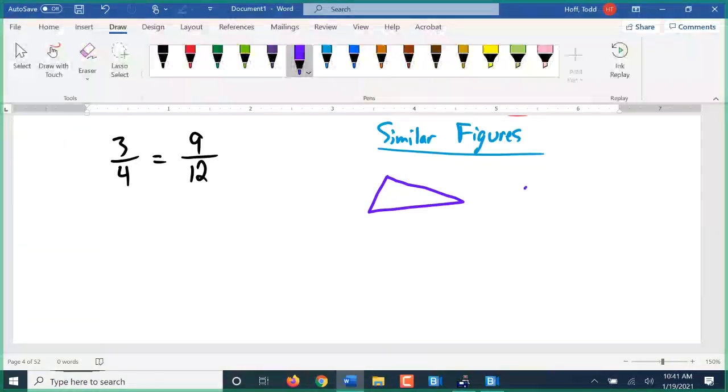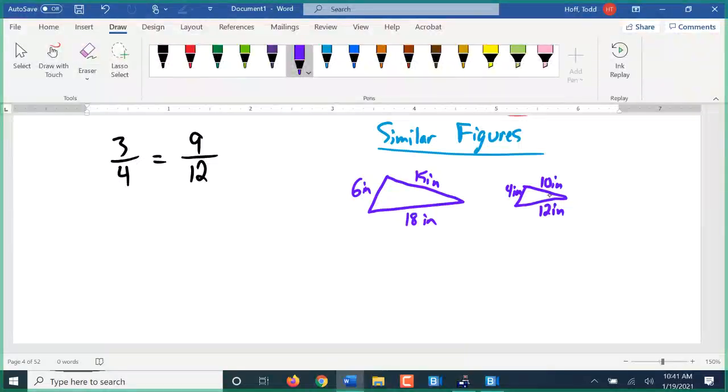Let's have that triangle and this triangle. So let's say that triangle there, the big triangle, has sides of 6 inches, 15 inches, and 18. This one has sides of 4 inches, 10 inches, and 12 inches. They are a reduction of each other.